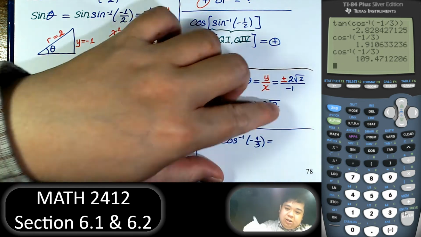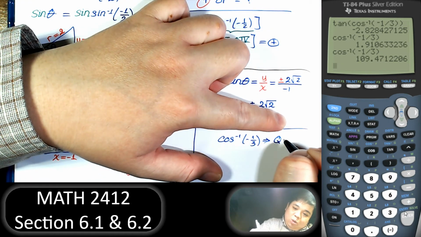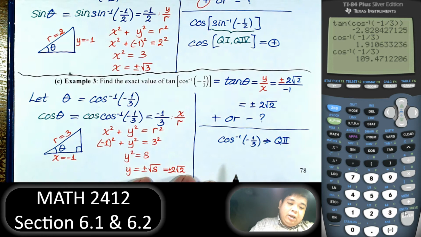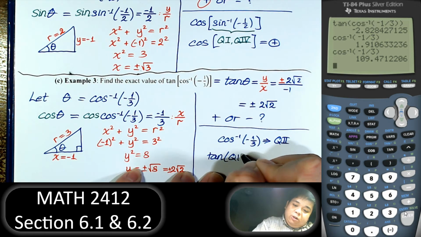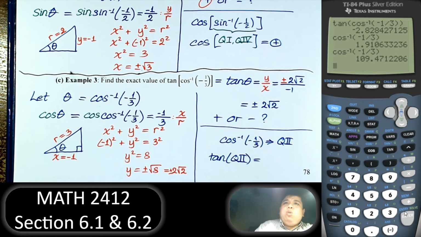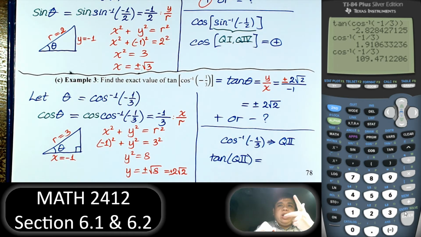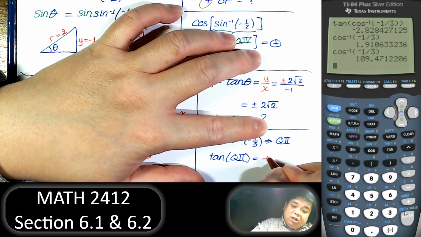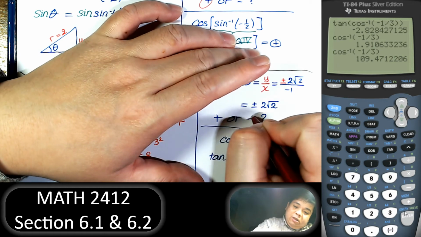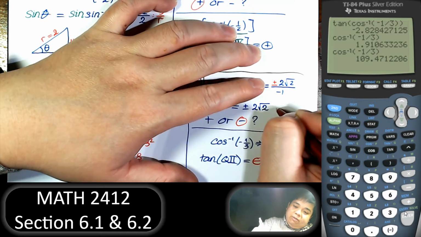Now, a tangent of a quadrant 2 angle, is that positive or negative? In the second quadrant, only sine and cosecant are positive, so tangent is not. So tangent is negative.